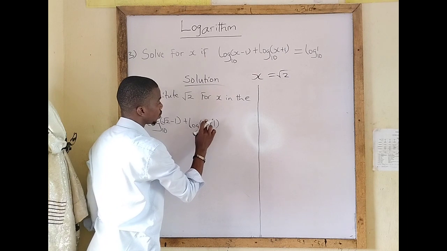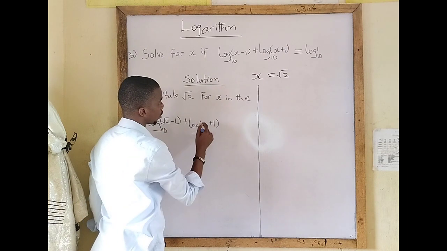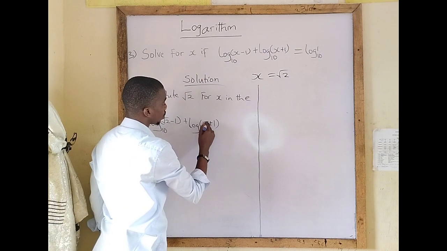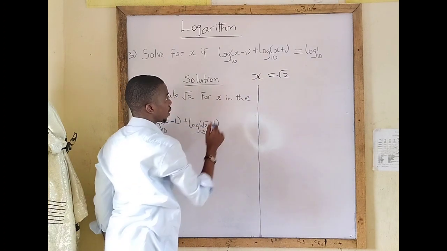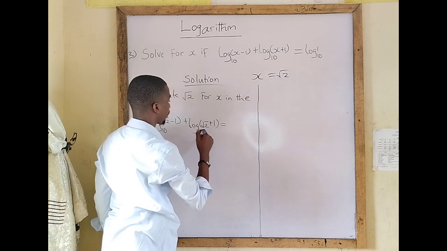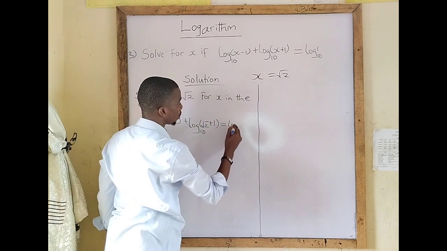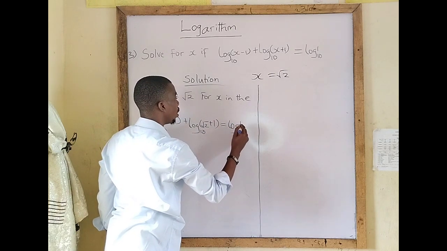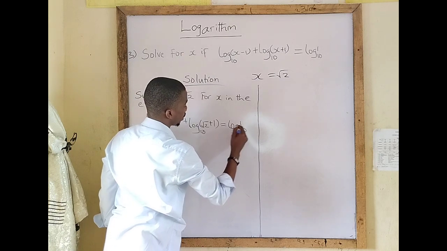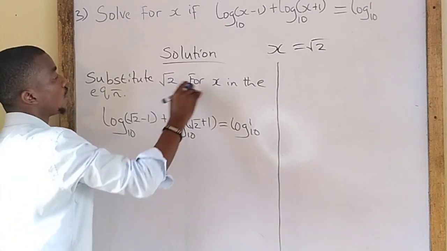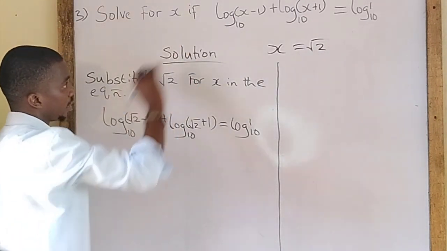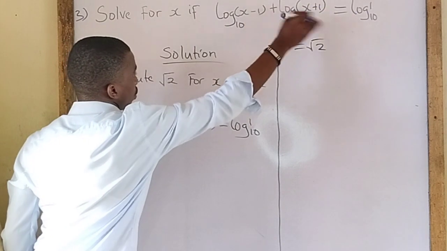Sorry, we substitute root 2 for x here, equal to log 1 plus 10. So we are done substituting root 2 for x in this equation.